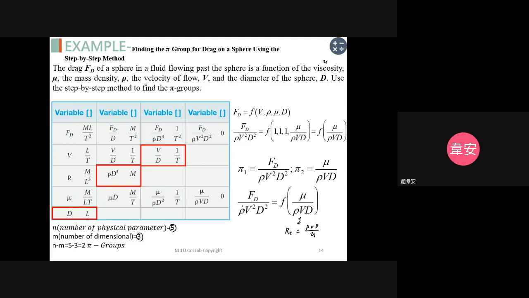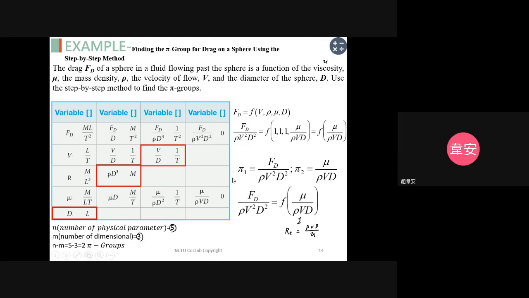The two are very famous dimensionless parameters. Next class I will introduce more details.